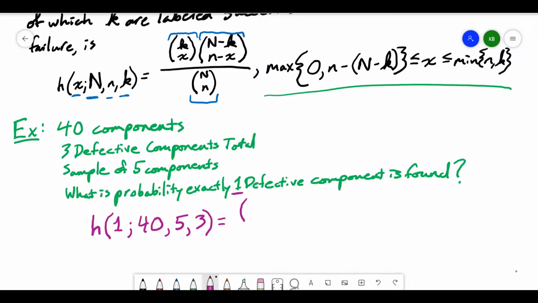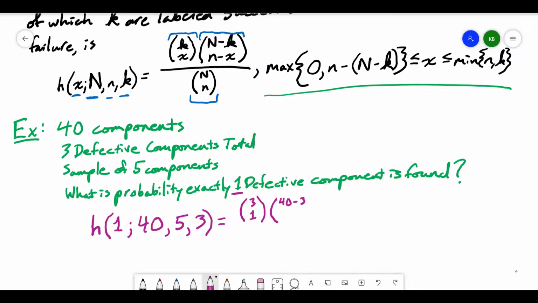So I'm going to just plug these numbers in. So I'll have my k value, 3, choose my x value of 1. So I have 3 choose 1. And then capital N, so 40, minus my k value of 3, which gives me my 37 non-defective components.